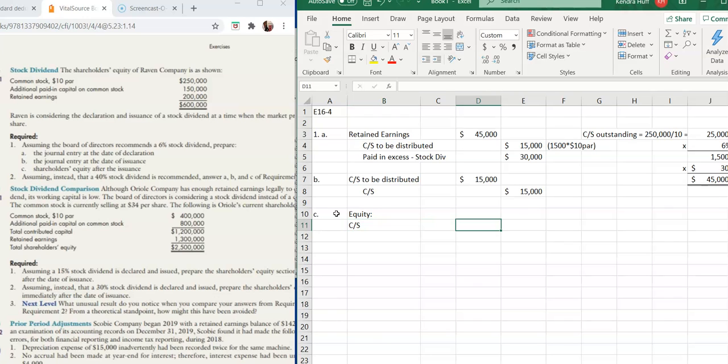All right, but this is going to do, it was 250,000 and we added 15,000 to it. Paid in excess, it's their additional paid in capital. It was 150,000 and we added 30.